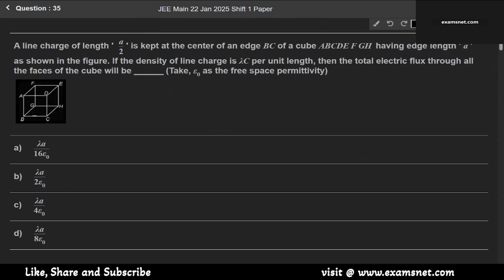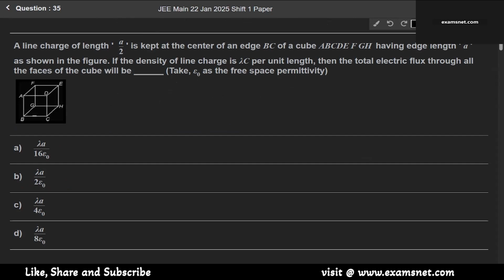Now moving towards next question 35. A line charge of length A by 2 is kept at the center of an edge BC of a cube. We are given a cube A, B, C, D, E, F, G, H having edge length A as shown in the figure.